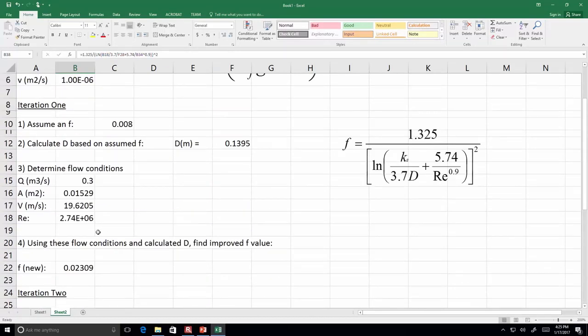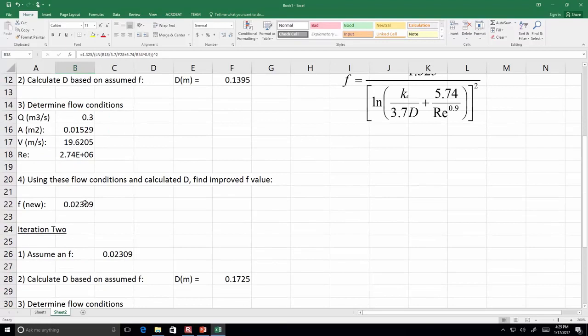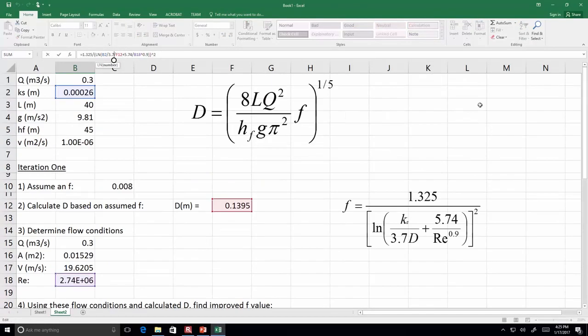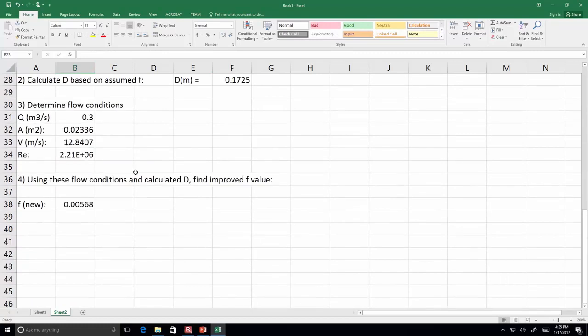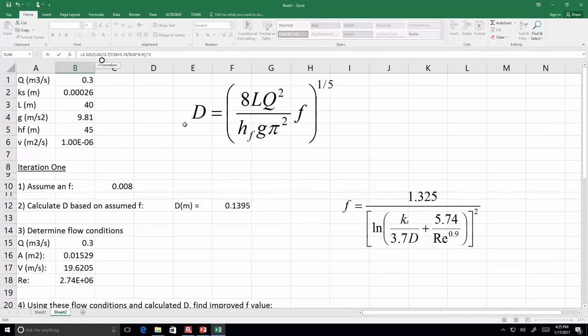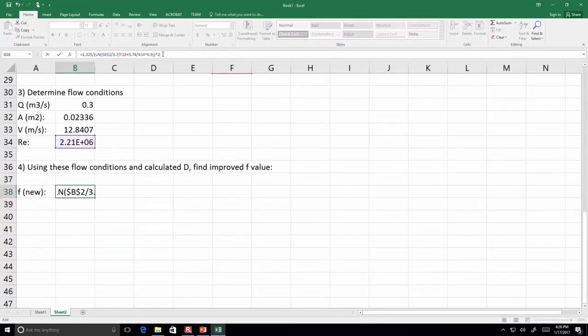Okay, so it was right on the first one, but not subsequent ones. I should have anchored that. So here, it's the same equation, but it should be looking at K sub s. All right, so if I paste it again, now it'll be properly anchored.